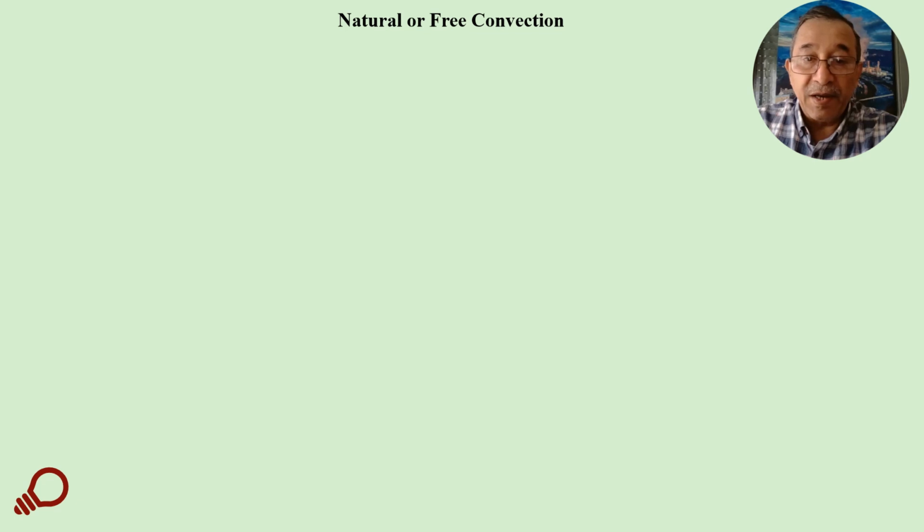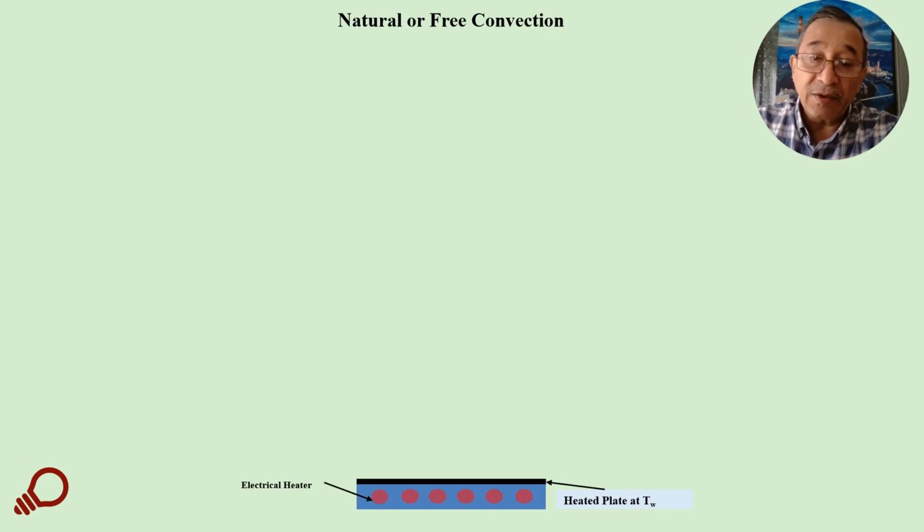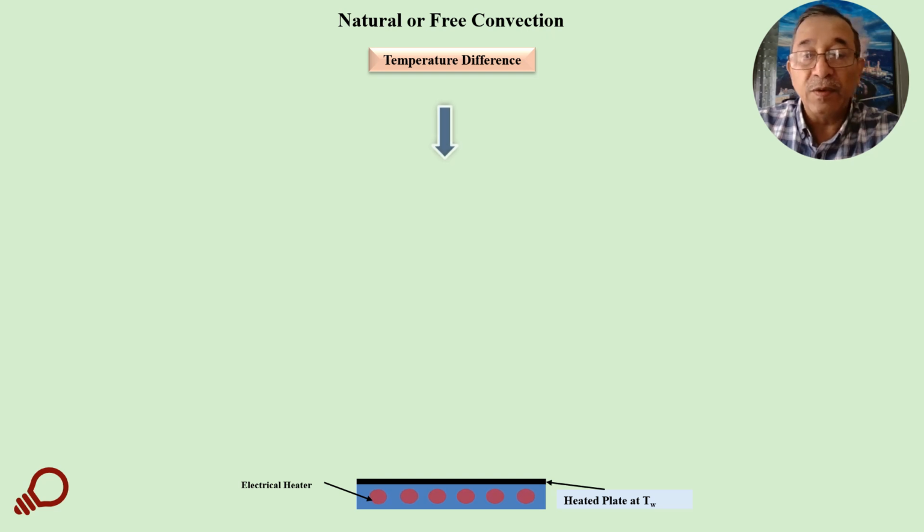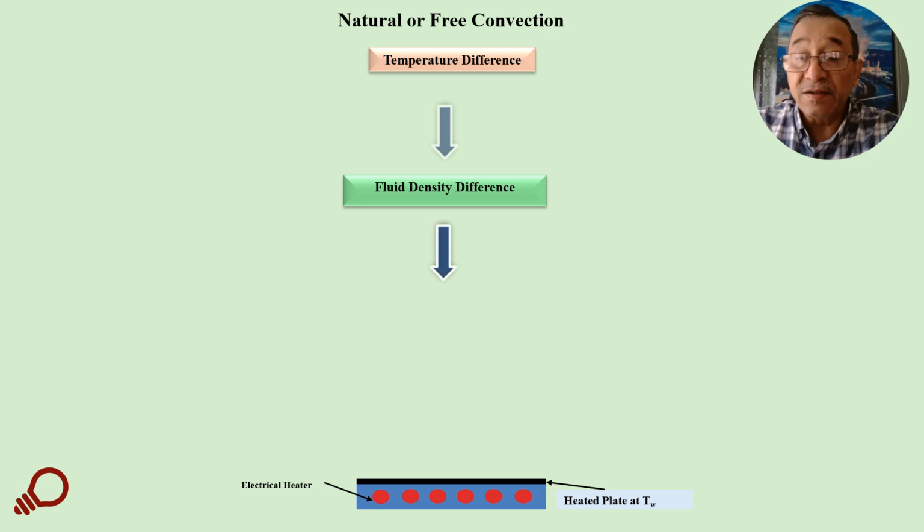For a physical explanation of how natural or free convection occurs, let us assume that we have this plate heated by electrical heaters and exposed to ambient. Then we have a temperature difference between the wall and the fluid outside, and that will cause a fluid density difference, because we know that density is a function of temperature.